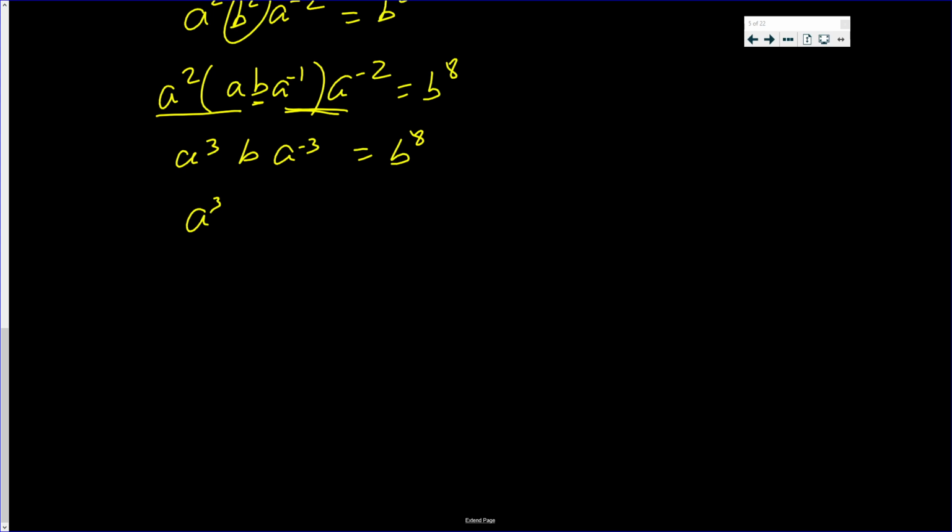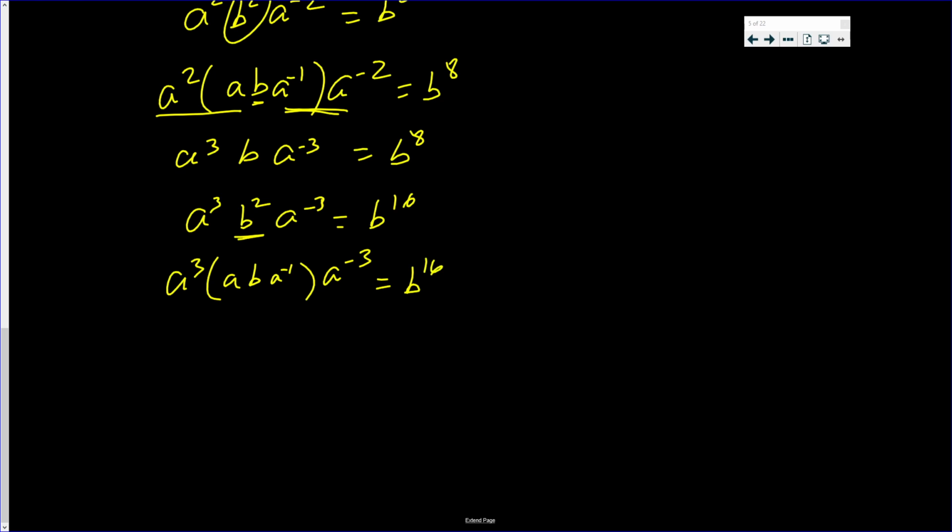So I'll get a cubed b squared a to the negative 3 is equal to b to the 16. And I will write, instead of b squared, a b a inverse. That is a to the 4th times b times a to the negative 4, and this is b to the 16.